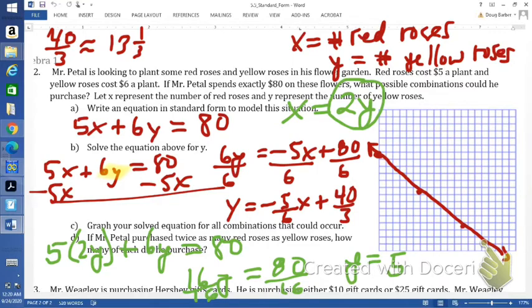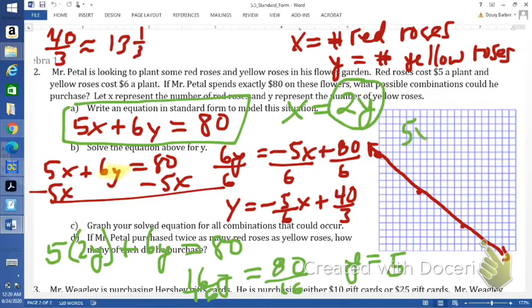Now, how many red roses then? We're going to plug 5 back in here. I think you would know, if you bought twice as many red, then we should get 10 red roses. But let's just double check our answer.